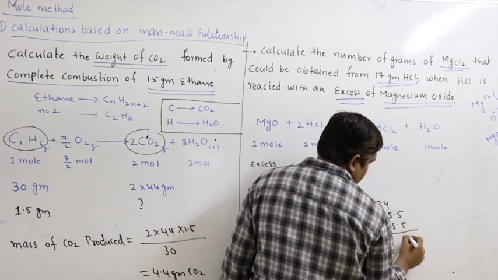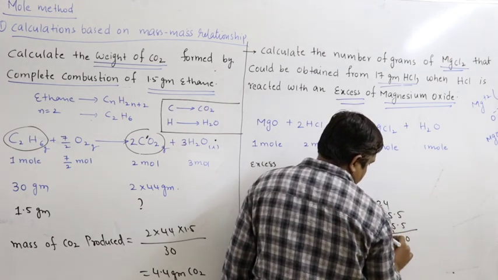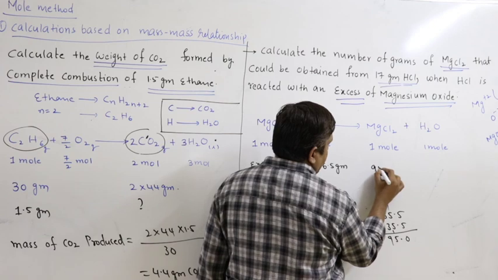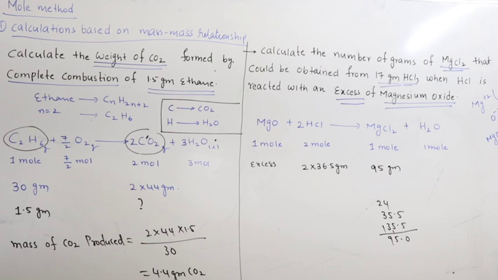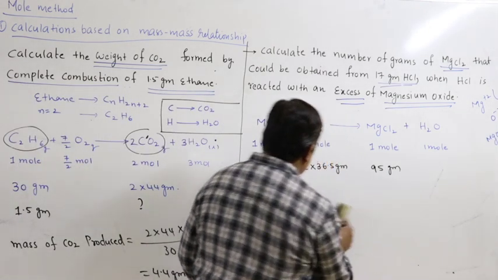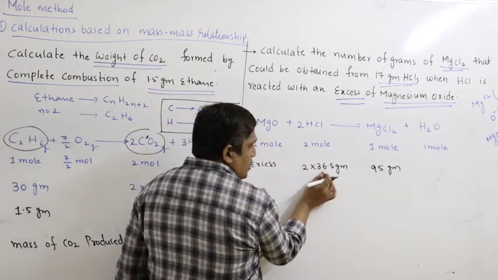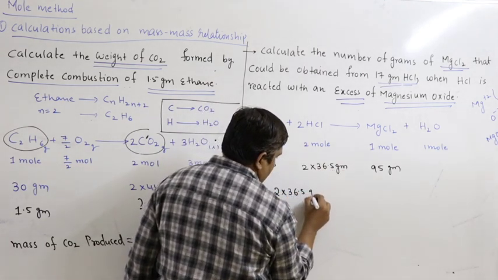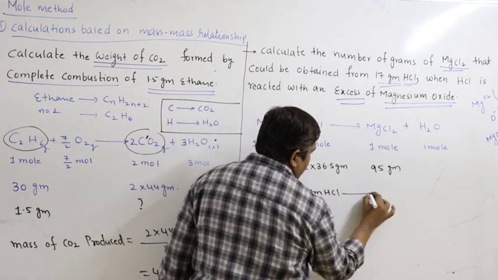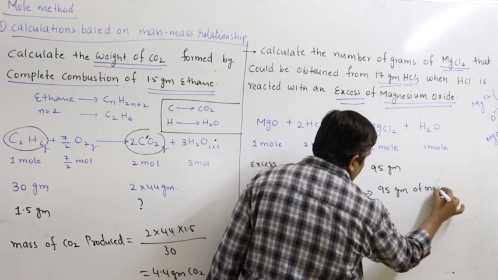You will get 95 grams. 1 mole means 1 into 95. You should not worry about water also. So 2 into 36.5 grams of HCl can produce 95 grams of MgCl2.